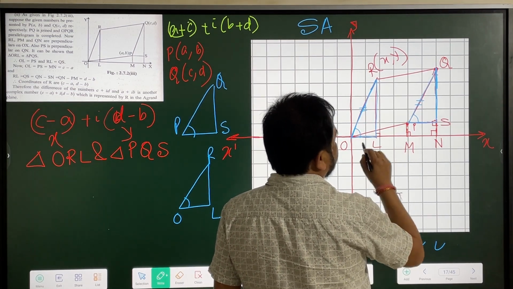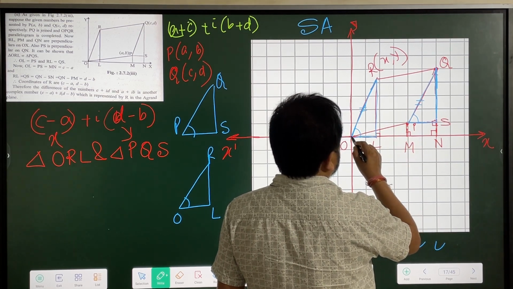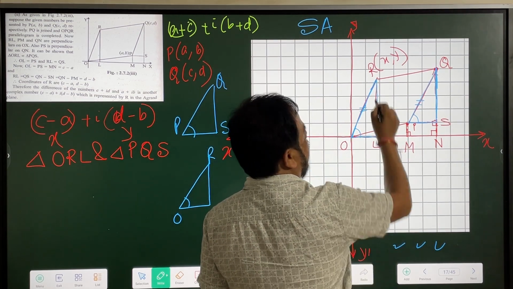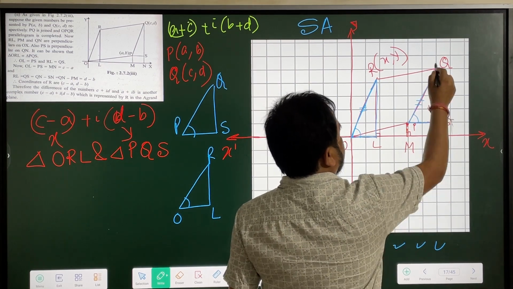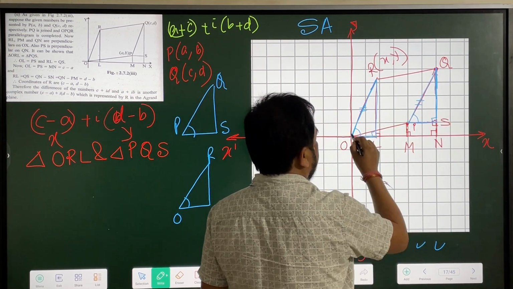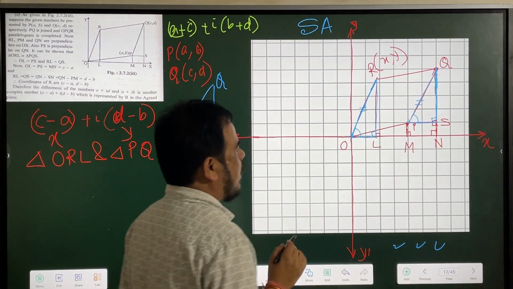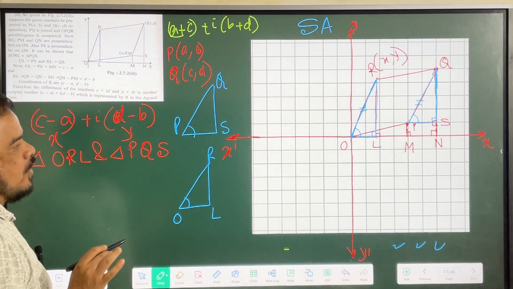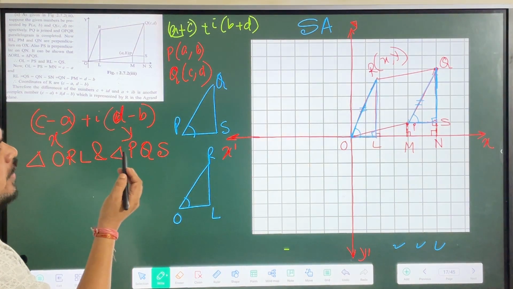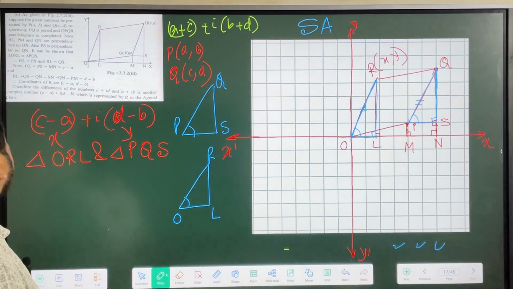We will show you. Look here. This is a right angle triangle. This is also a right angle triangle. This is 90 degrees, this is also 90 degrees. This is the hypotenuse, this is the hypotenuse. Two right angle triangles we have got, with hypotenuse equal. OL equals PS equals MN.